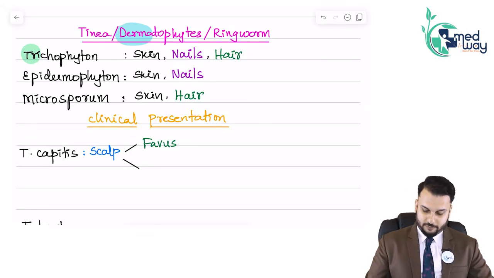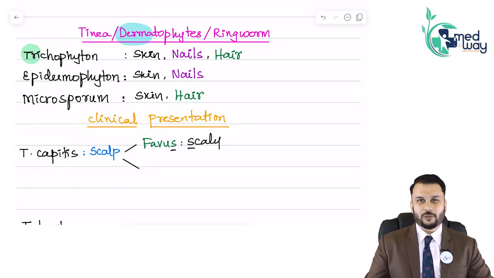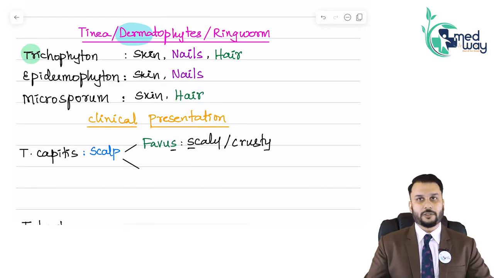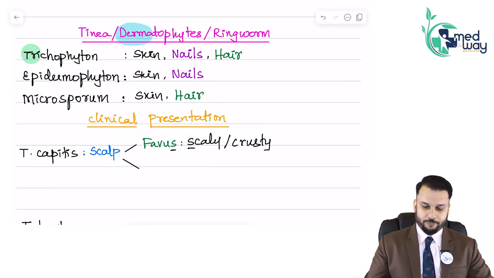Now, in favus, I would like all of you to remember the S, that's where it ends. The lesions in this look scaly, meaning they kind of look like psoriasis. So scaly lesions, or we can also describe them as crusty lesions. So scaly or crusty lesions are a feature of favus.